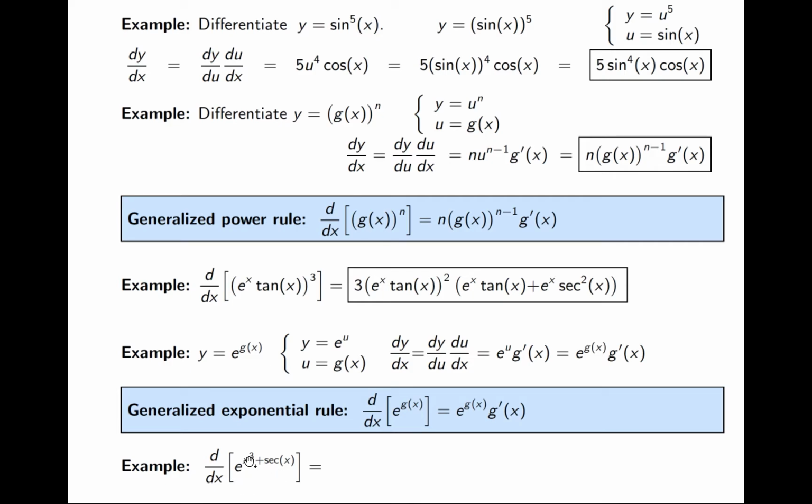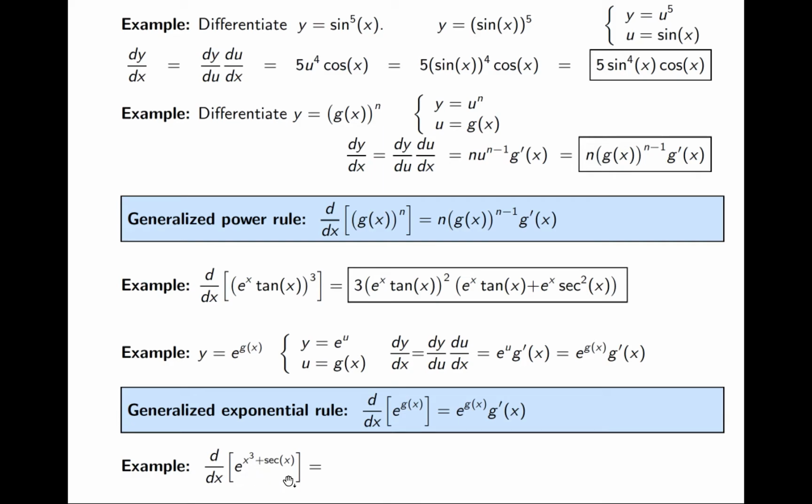That's e to the power of g of x, where our g of x is this function x cubed plus secant x. So it fits the template for the generalized exponential rule. It's the derivative of e to the power of g of x. So our answer is going to be e to the power of g of x times g prime of x.